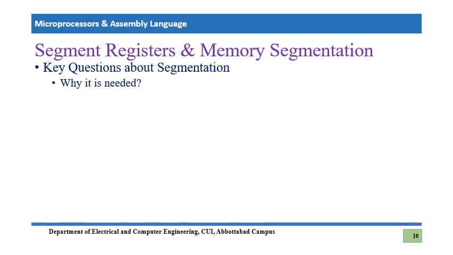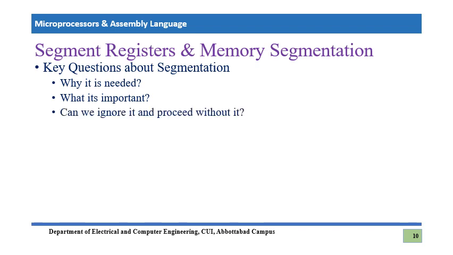So, why is it needed? Why is this segmentation required? Why is one interested to do it? Or what is its importance? Why is it so important? Can we ignore it or just proceed without it?